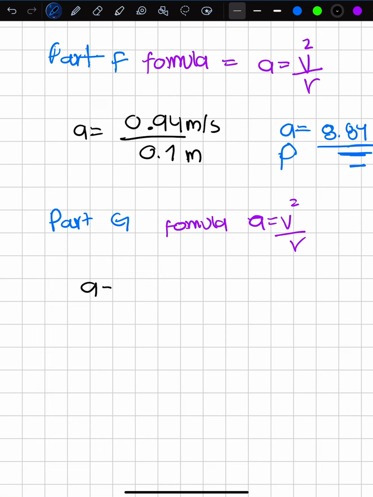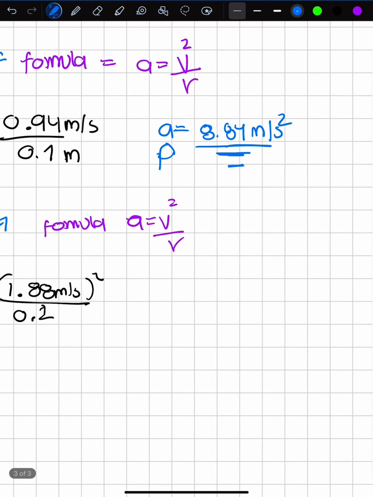Our previous velocity was 1.88 meters per second. We're going to square that, and then divide by the radius, which was 0.2. When we plug that into our calculator, our result is going to be 17.67 meters per second squared.